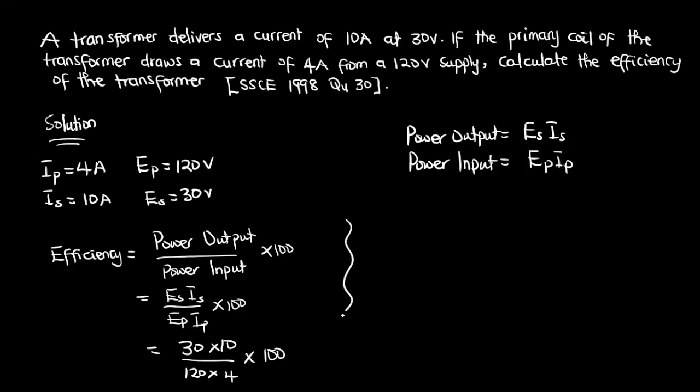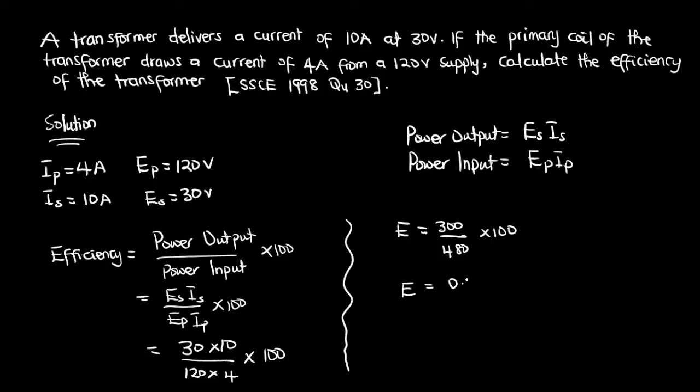Are we okay? All right, so if you look at this, we have 30 multiplied by 10. Our efficiency is equal to 30 multiplied by 10 is 300, divided by 120 multiplied by 4 is 480, then multiplied by 100.